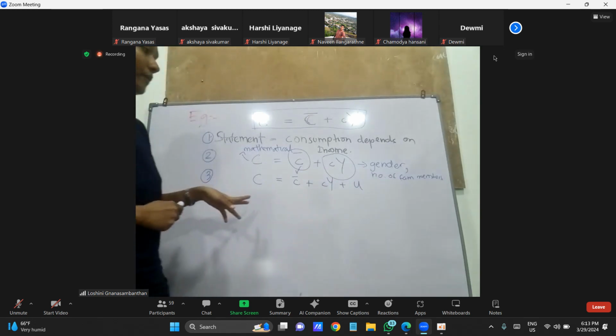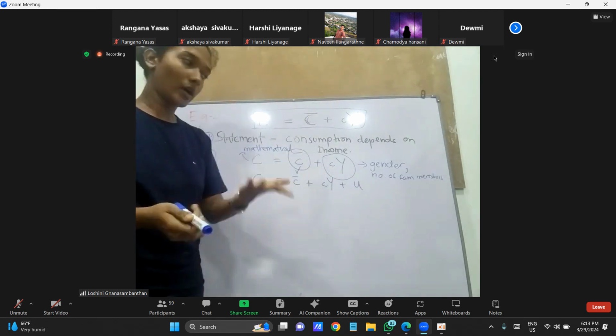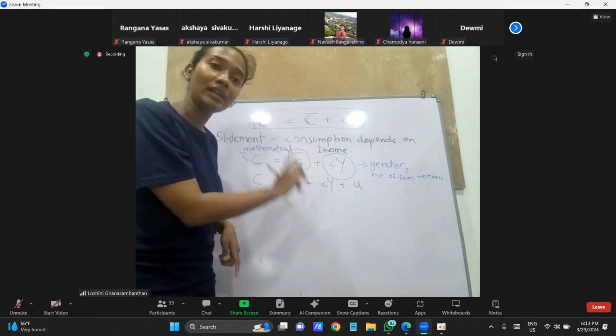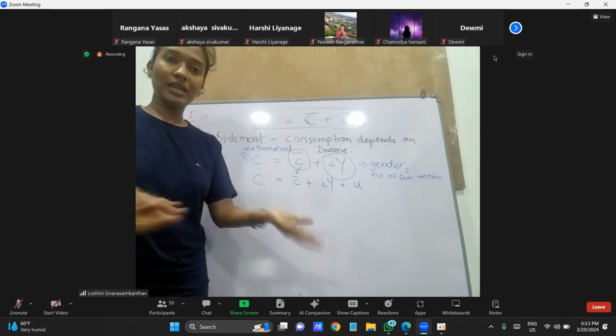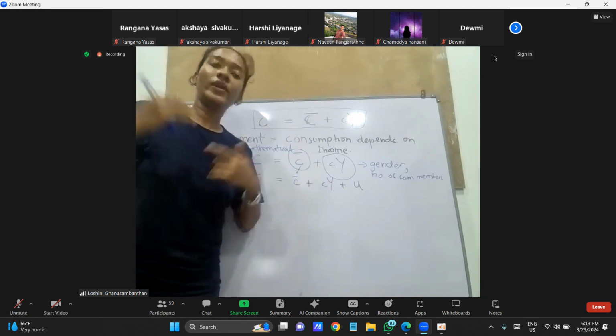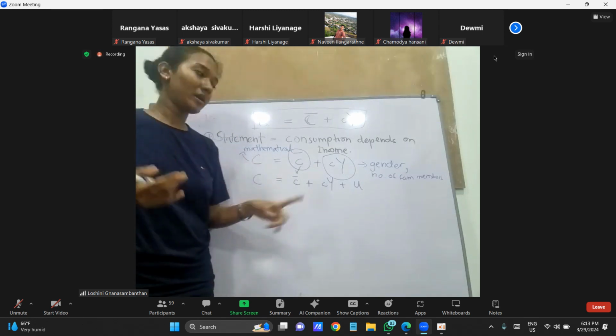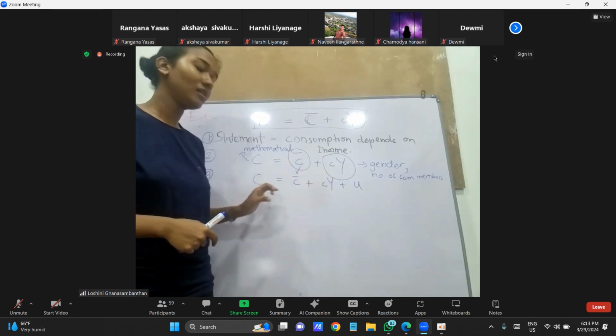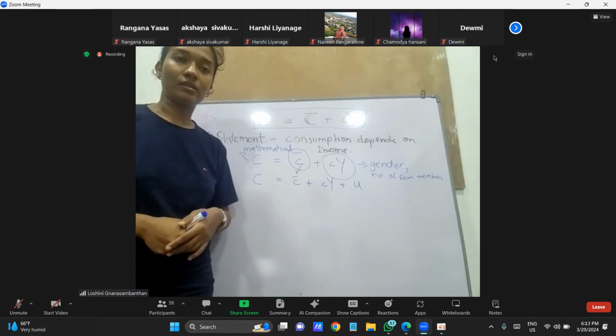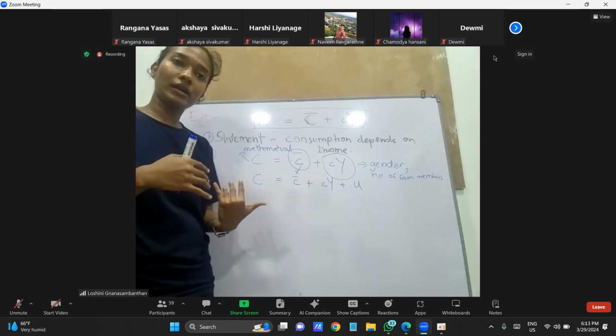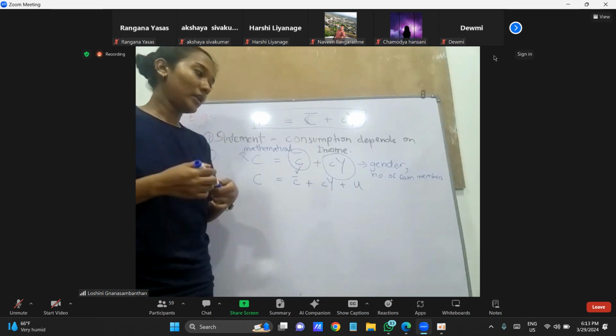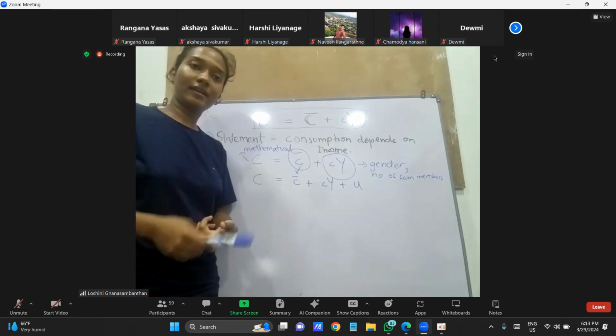Okay, so you have to go to the community and collect information about the income and consumption of individual persons. So let's say you are going to 100 people and collect the information about their personal income and their consumption. Then after you collect all the data, you can run a regression.